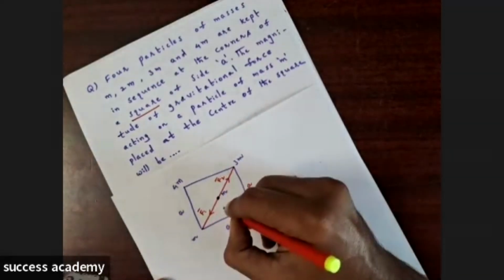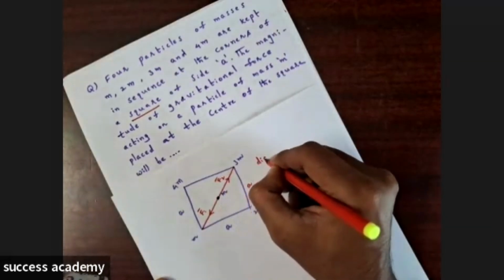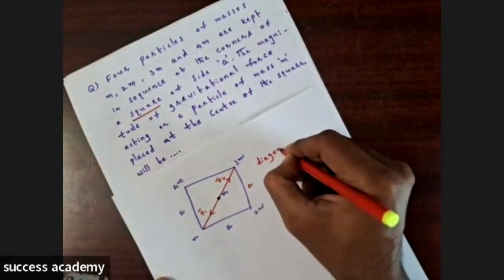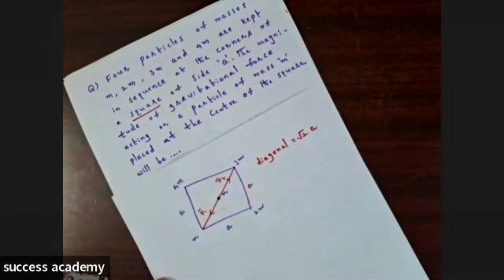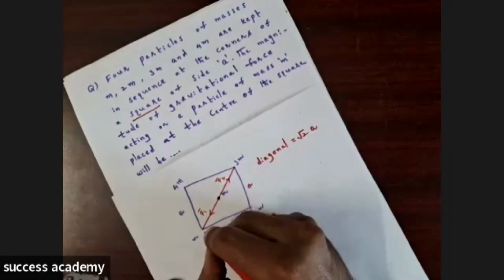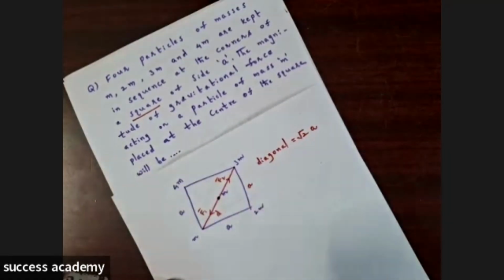Then the diagonal is root 2 a. But I require the distance between the corner and the center. This I am taking as small d, and this is also small d. So in the diagonal, I need to take half.